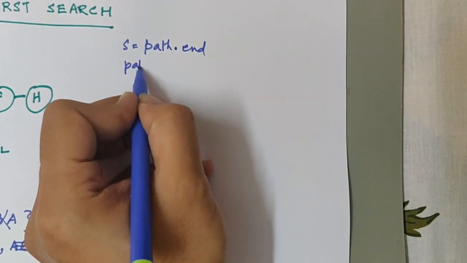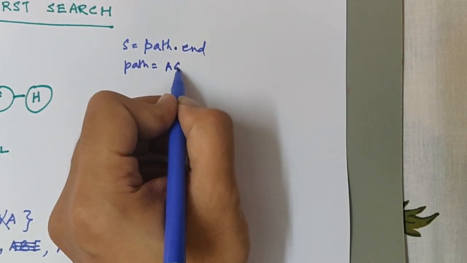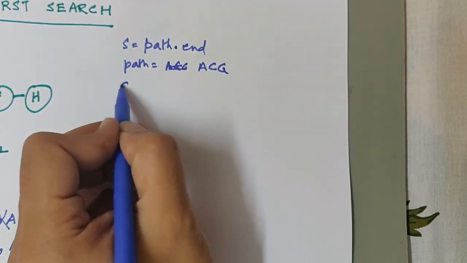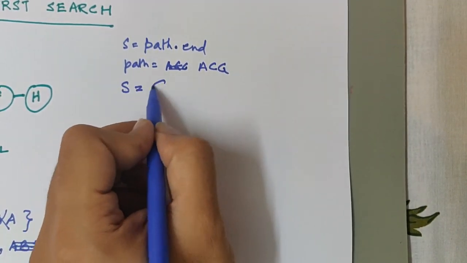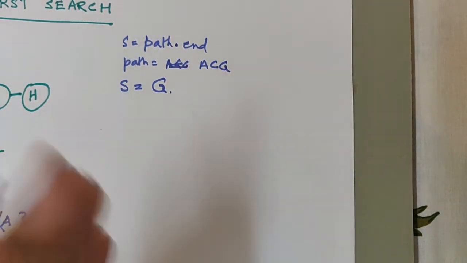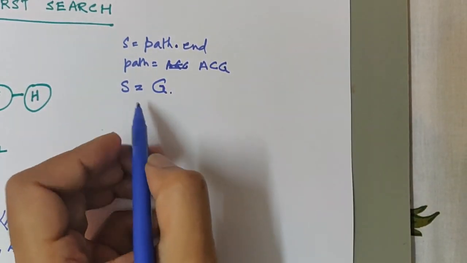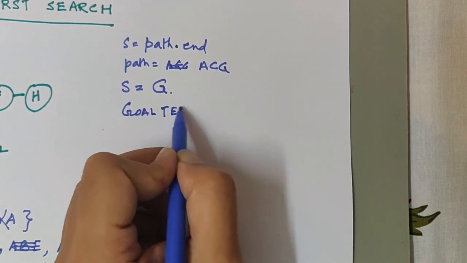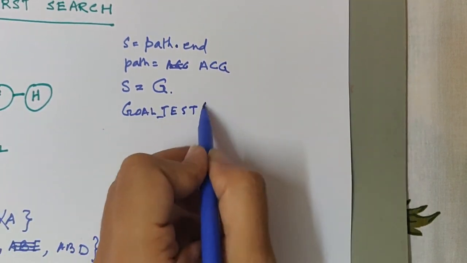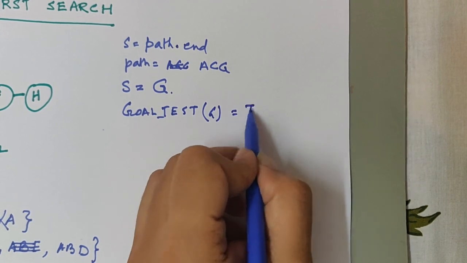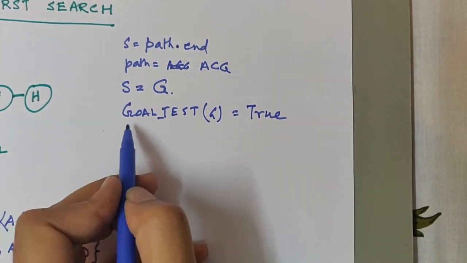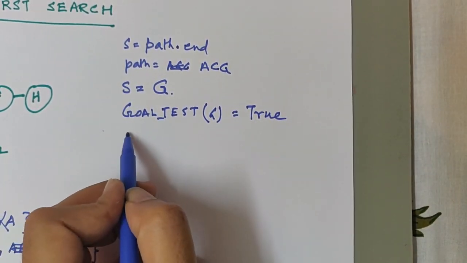When my path chosen is ACG, my S becomes G. Now according to the algorithm, the next step is a goal test on G, and it returns true. When I get true, the path is returned.